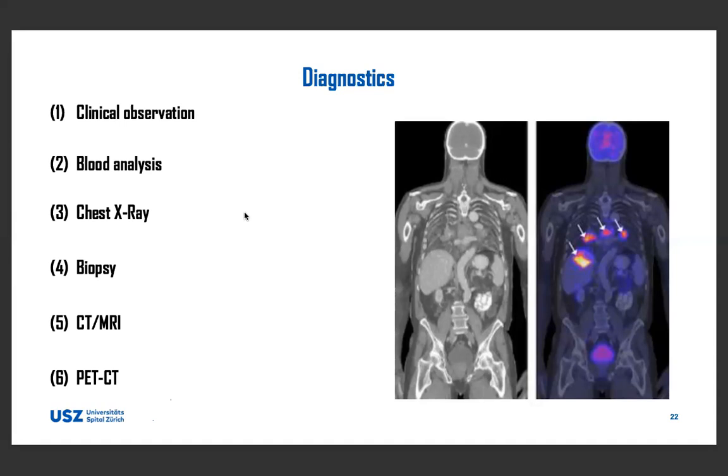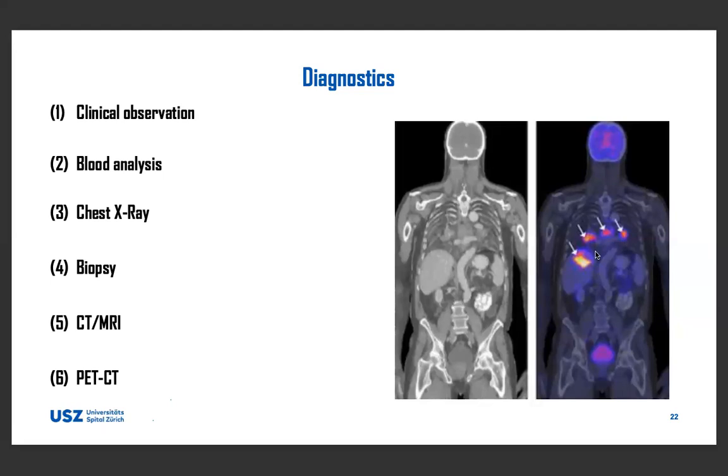Always make sure to do the examination correctly, to make sure that you have checked everything, to include a blood analysis, to do in the first step a chest X-ray, and whenever necessary, if you see something on chest X-ray, you can expand the imaging by adding, for example, CT or PET-CT, and to finalize the diagnosis, we need a biopsy. This is an example of a case where we have a lung cancer patient with primary tumor here and one liver metastasis and two other lung metastases.